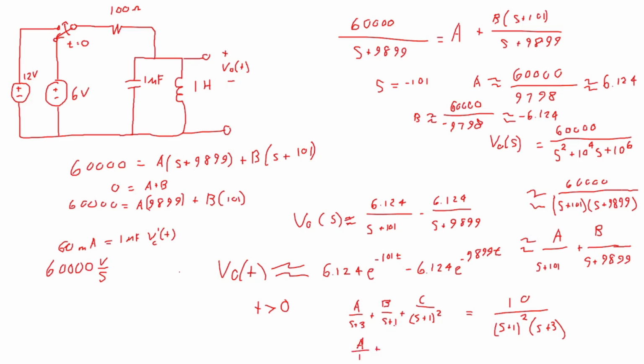Then this will become plus b over minus 1. And this becomes negative 1 squared, so then this will be plus c over 1. So that equals a minus b plus c, which is pretty good. And then on the other side, if we plug in minus 2, this becomes negative 1 squared times 1, and so then this is just equal to 10.